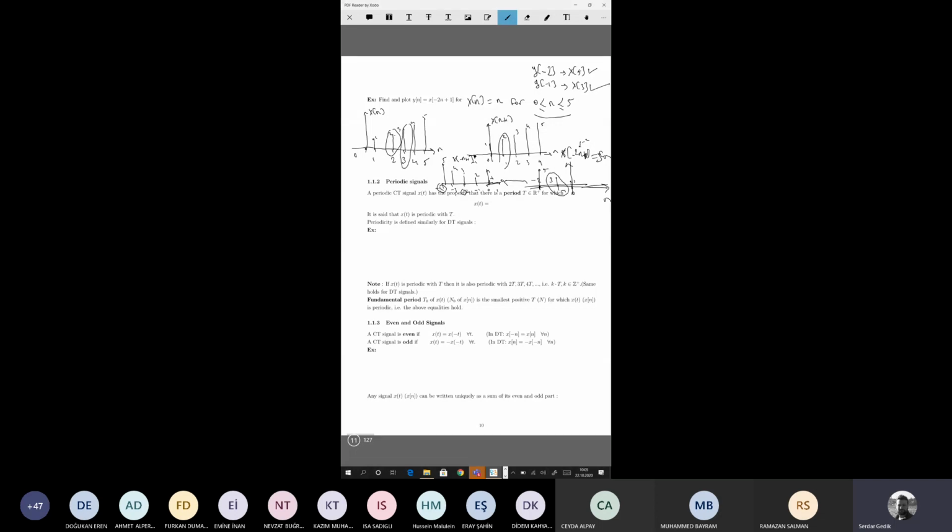So this is true. Let's check y of 0. What is y of 0? y of 0 is 1. And if I put here 0, it must be x of 1. And so what is x of 1? It is 1. So this is again true. What about y of 1? y of 1 must be equal to, put here 1 now, minus 2 plus 1, it makes minus 1.